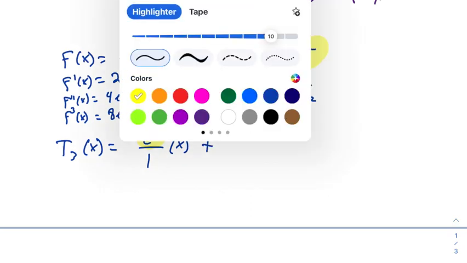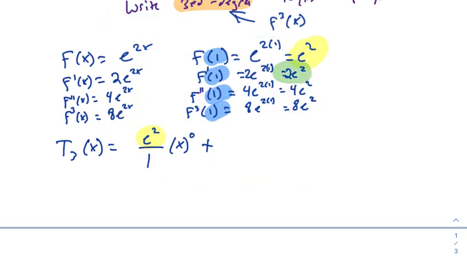Then our second term is the first derivative. So 2e squared over 1 factorial. Let me rewrite this first one as 0 factorial just so you can look up above and see how this is going in. And technically, I'll rewrite this x to the 0 as x minus 1 to the 0.